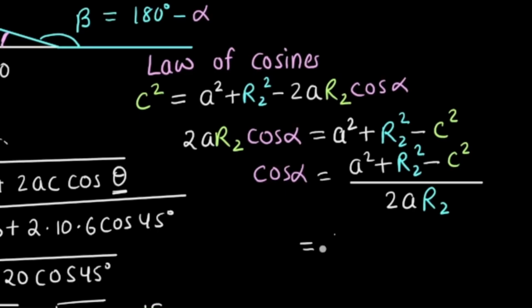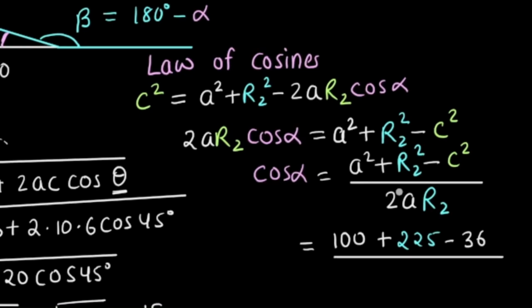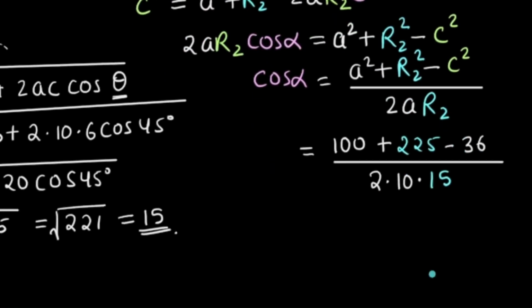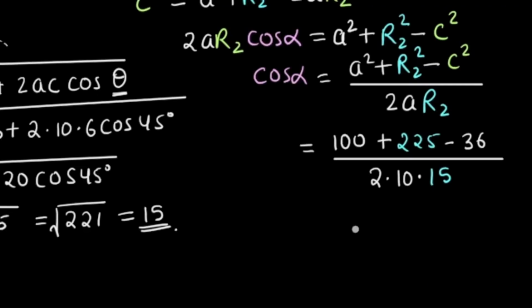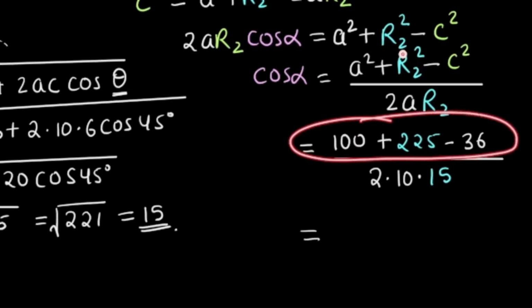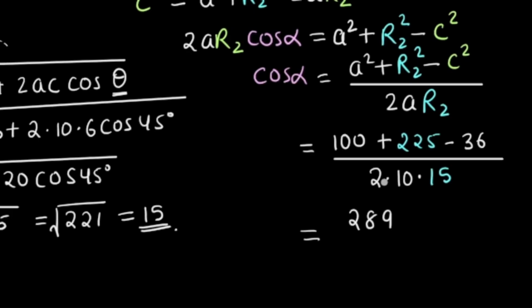We get A squared is 100 plus R2 squared is 225 minus C squared is 36 divided by 2 times A. What's the value of A? 10 times R2. R2 is 15. Okay, what do we get? We get 100 plus 225 minus 36. This equals 289. So here we go. 289 divided by 2 times 10 times 15. This is equal to 300.